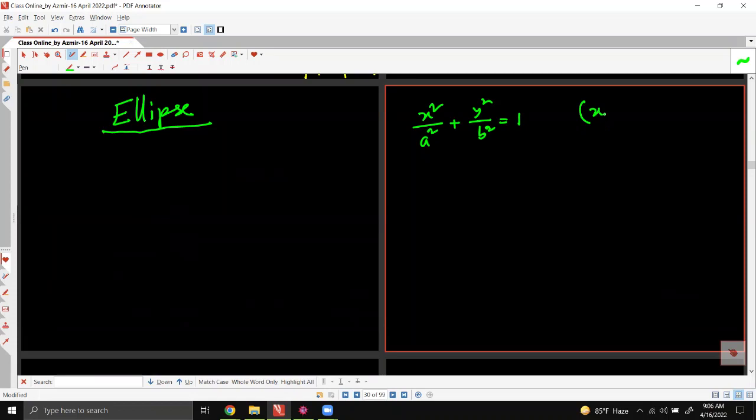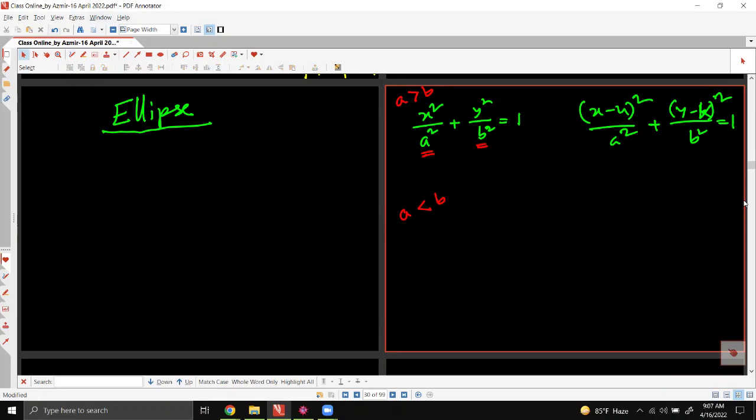We may have also (x minus h) squared over a squared plus (y minus k) squared over b squared equals 1. So sometimes a is greater than b. Sometimes a is less than b. And we have the same equations.